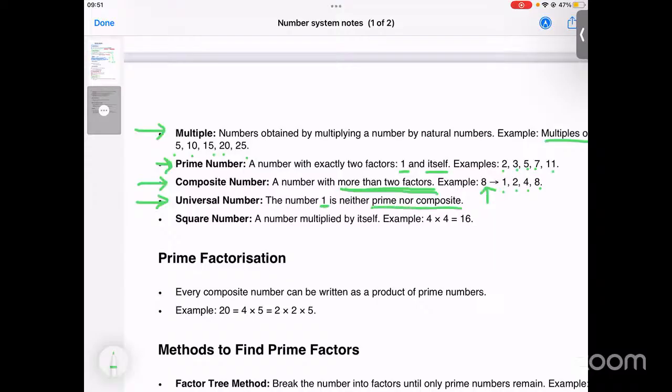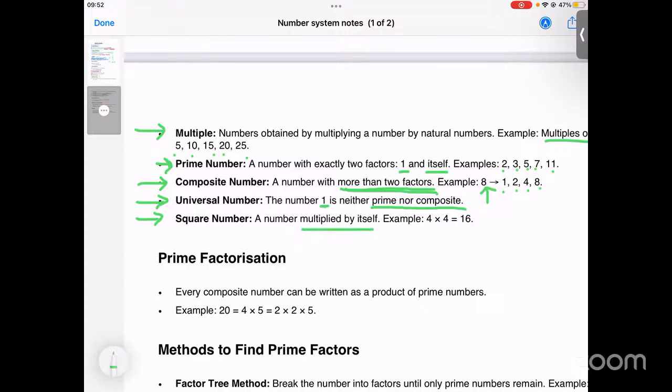It is not a prime and it is not a composite, and we refer to it as a universal number. Just in case you come across that and wonder what a universal number is, then you know it is explained in these notes.